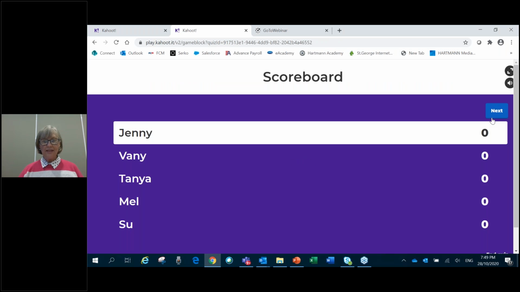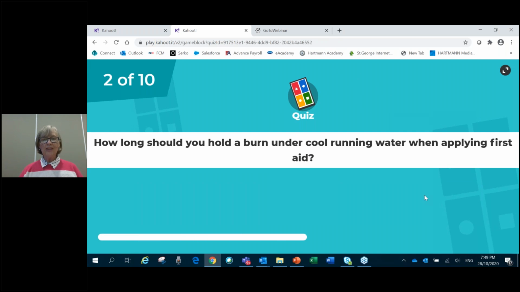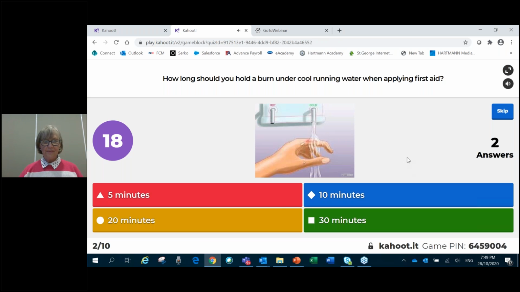Okay, next question. Oh, hang on, who have we got there? I don't know how they work that out when you've all only answered one question, but never mind. We'll move on to the next one. How long should you hold a burn under cool running water when applying first aid? Got to be quick with this one because I'm only giving you 20 seconds.